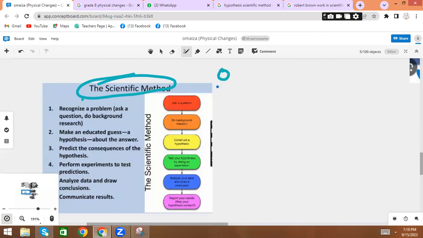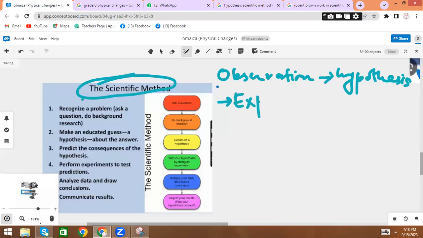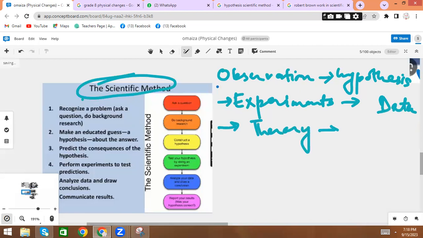First we have observations, then comes the hypothesis. We formulate the hypothesis, and for that we need experiments. After experimentation we make data of that experiment, and out of that data we make a theory.